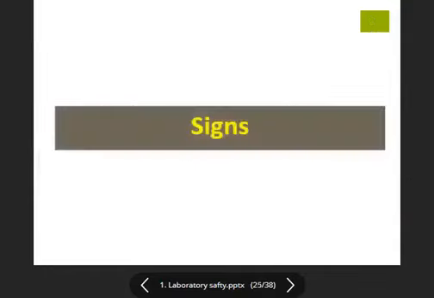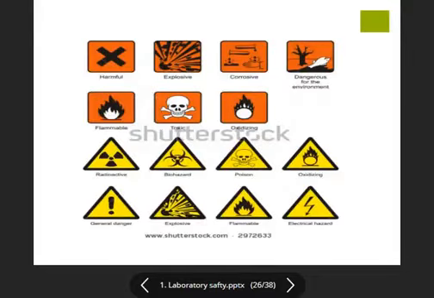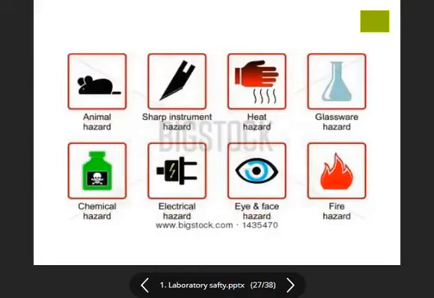Now, dear students, I am going to show you some pictures, and these pictures are very, very important from the examination point of view, because in the exam I can give you any picture and ask for the name of that picture. I think you have seen these pictures many times in your university, many times in the hospitals.